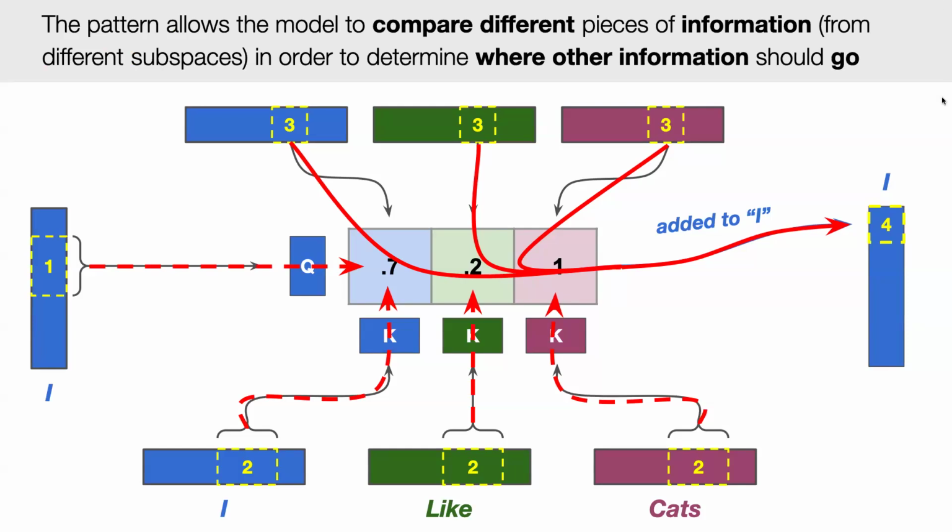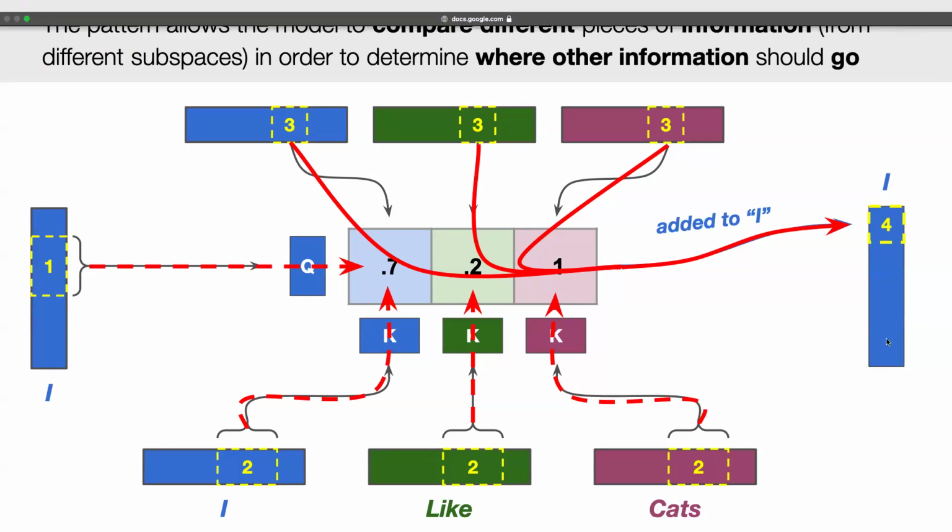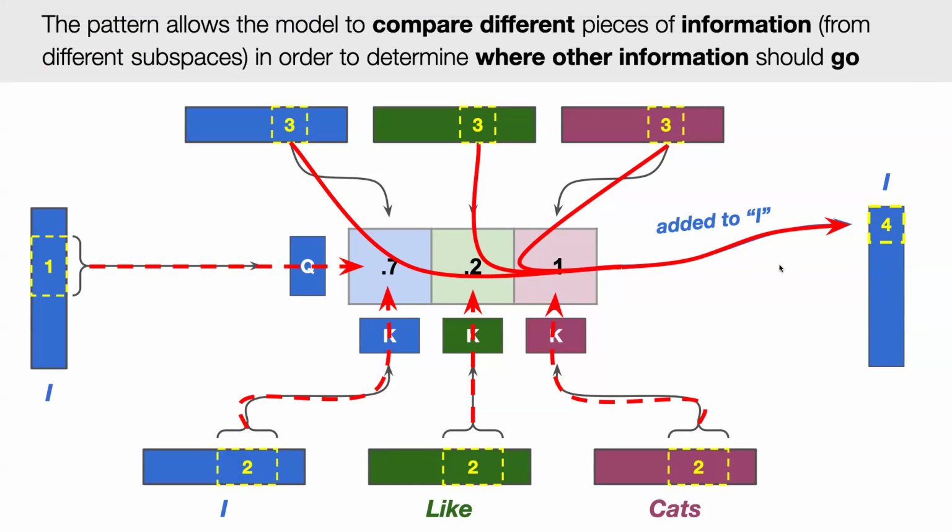And the really important point here is that this pattern allows the model to compare different pieces of information from different subspaces in order to determine where other information should go. In other words, we take these two subspaces, compare them together, and based on that, we take information from another subspace and move it to a fourth one.